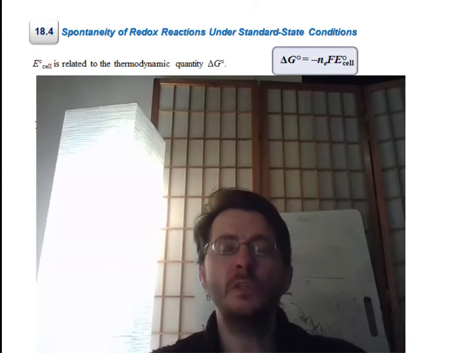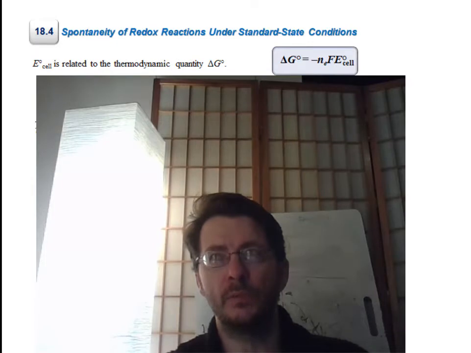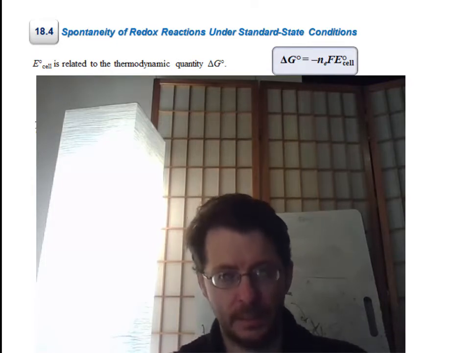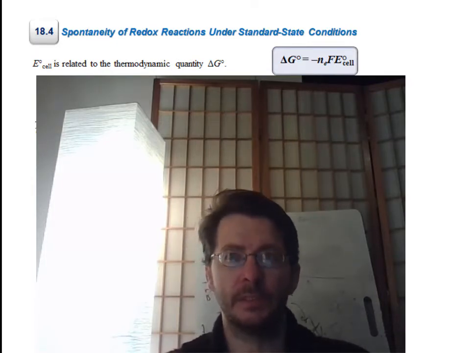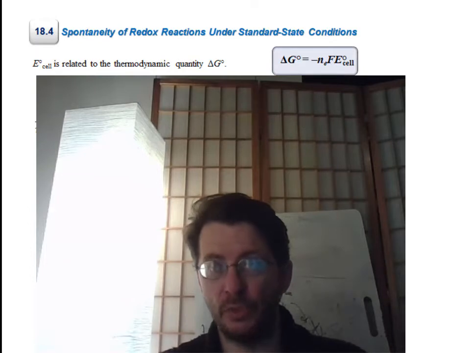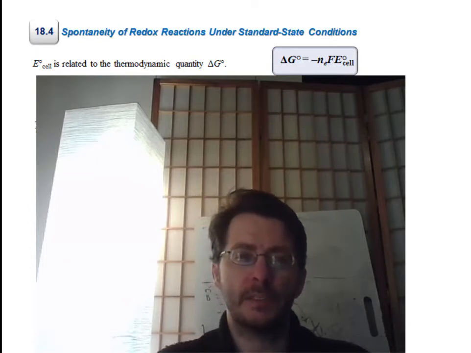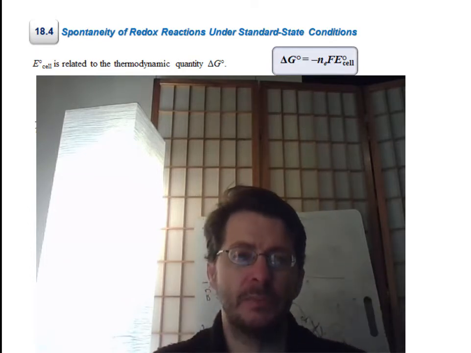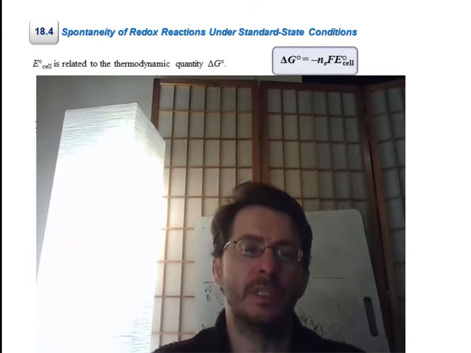So what you can do is relate the cell potential to the delta G, to the spontaneity, to the Gibbs free energy. In fact, you can measure it for these reactions, and it's via this relationship. You can plug in the respective amounts.